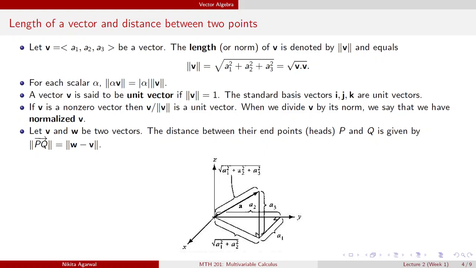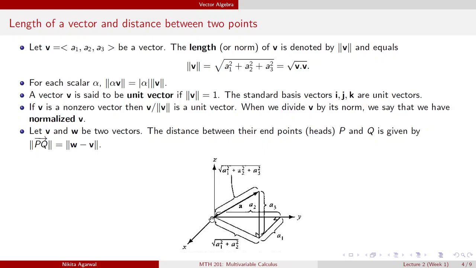Okay. And this is a pictorial representation of the length of a vector. So suppose this point is the point. Okay, so this bold vector is the vector v that is given to you. What is its length?